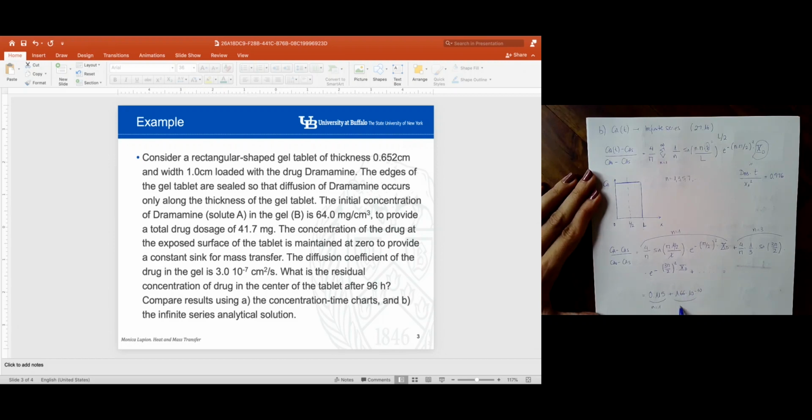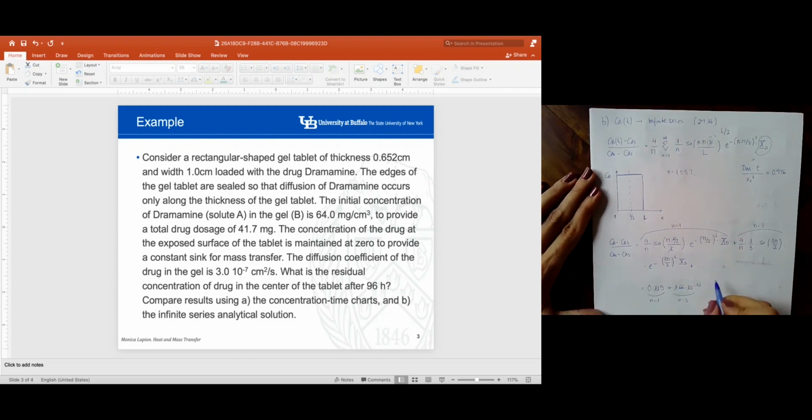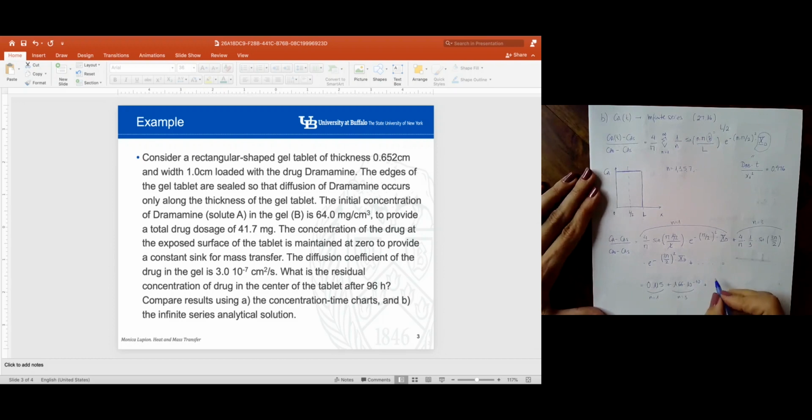You see that the number here is much smaller than when n is equal to 1, plus the third term will be 1.87 times 10 to the minus 27. My goodness, this is when n is equal to 5.